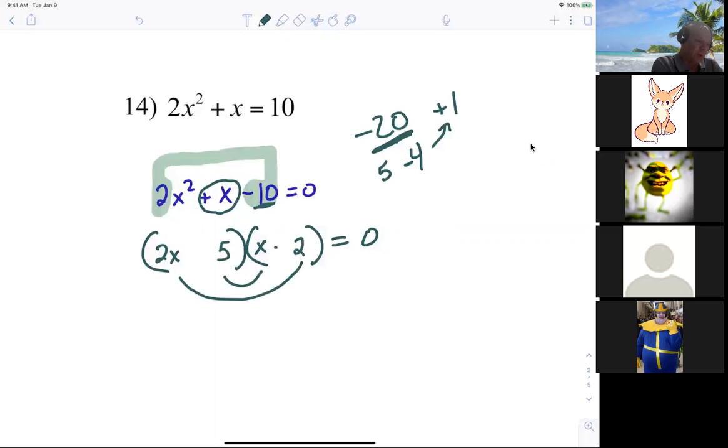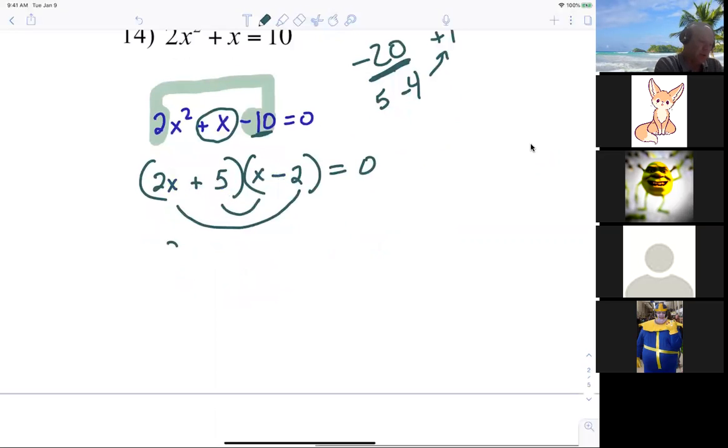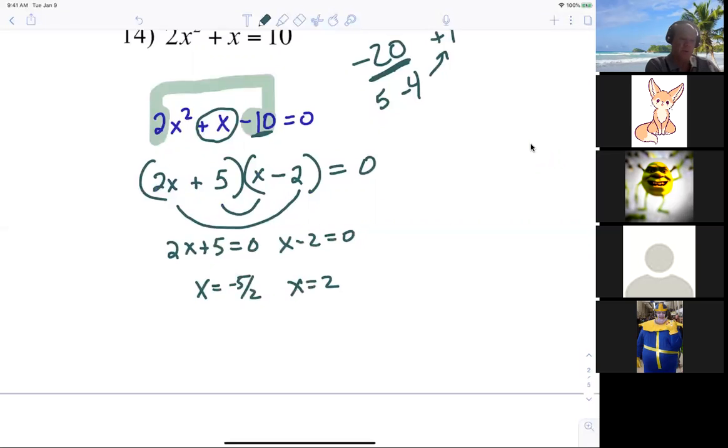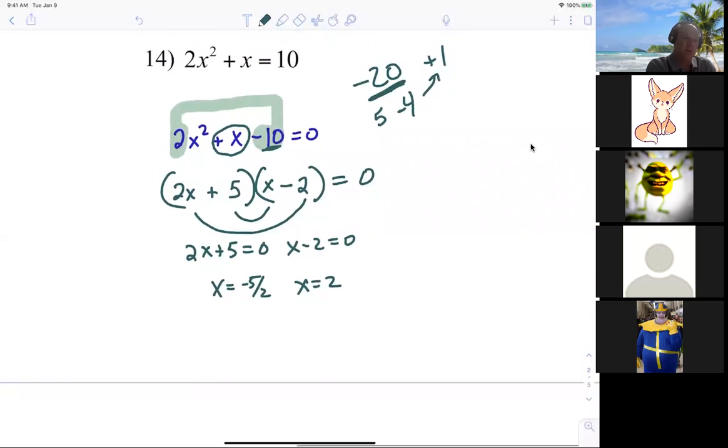So I want that positive. All right, what you guys did last week is a review, so I know you're good. So here we say x equals negative 5 halves, x equals 2. Okay, anybody have any questions with that? Yeah, you guys did a lot of work last week on factoring, so you should be good.